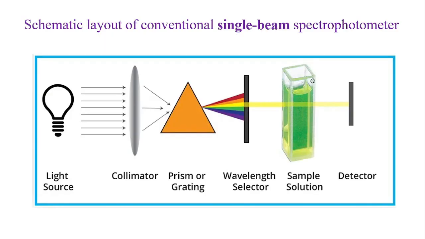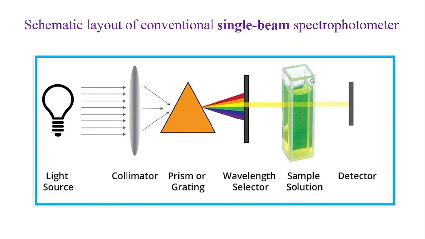This is the layout of a single beam spectrophotometer. First of all, there is a light source from which light falls on a collimator. The main function of a collimator is that it converges the light falling on it on a specific point.